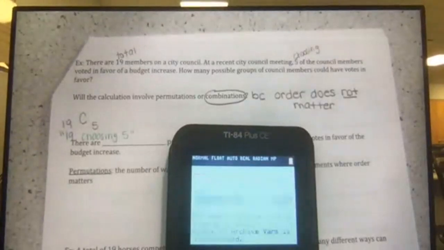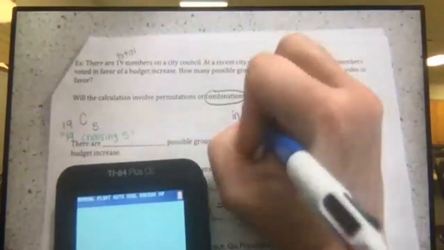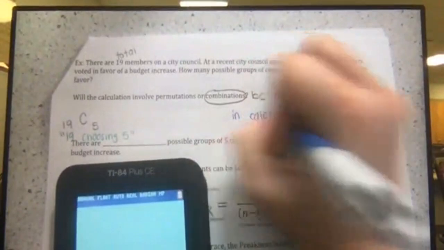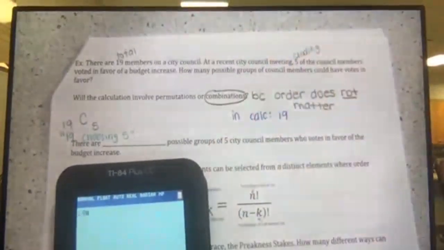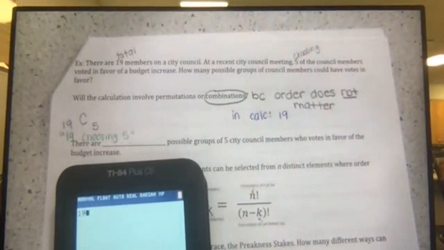All right, so in our calculator, doesn't matter if you have an older calculator or newer calculator, we all have the same calculator. Let me break this on the side so that way you can follow along. First, type in 19. Then we're going to go to our combination.